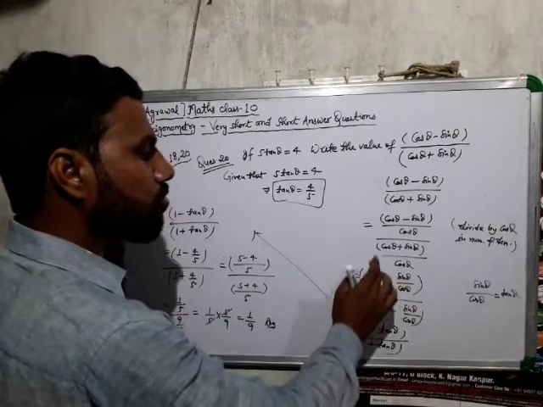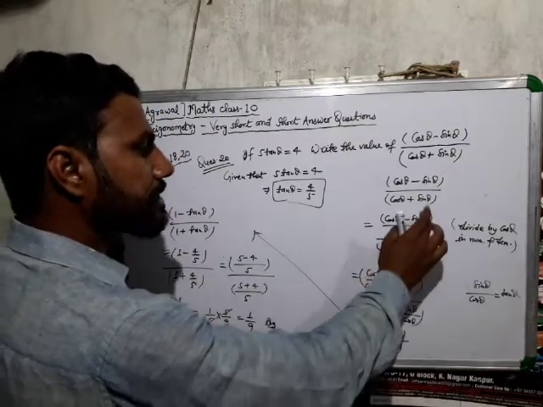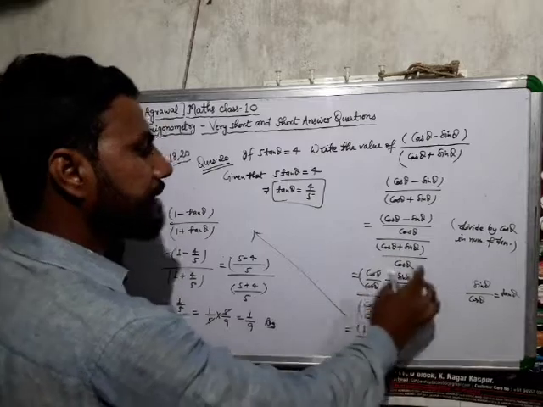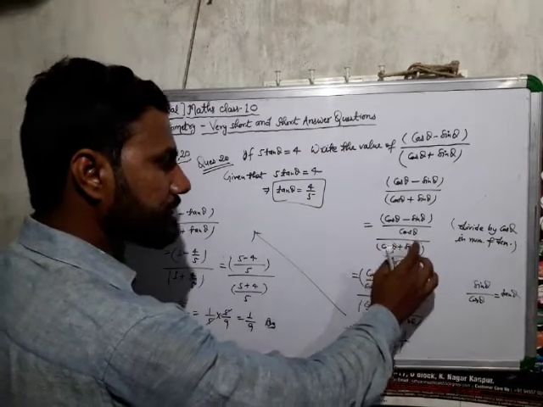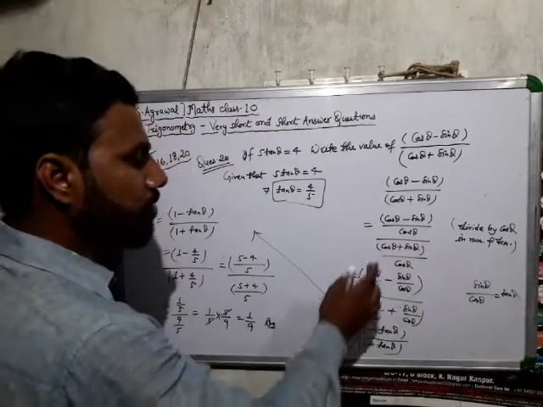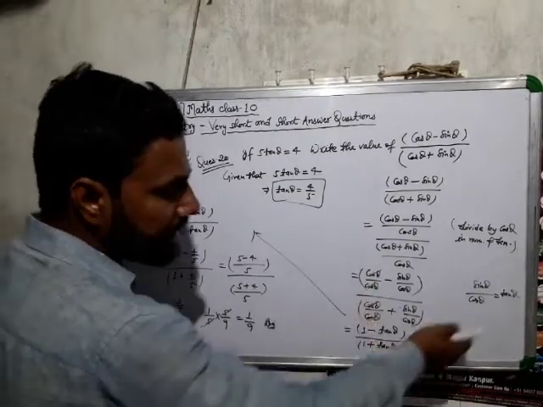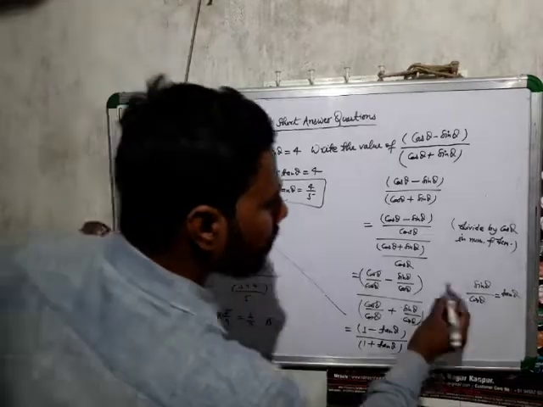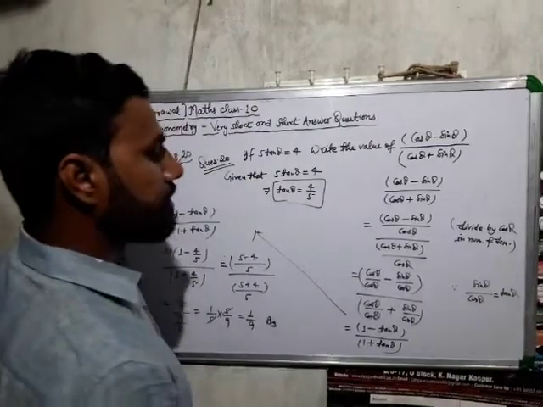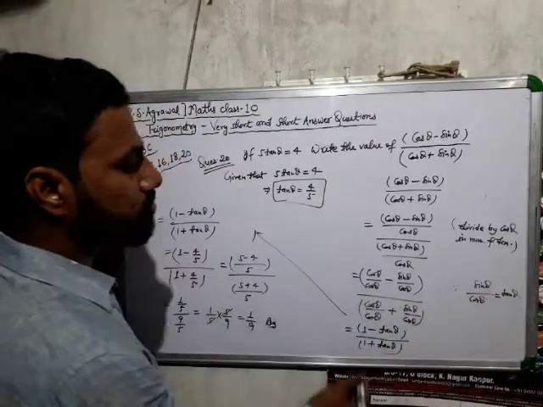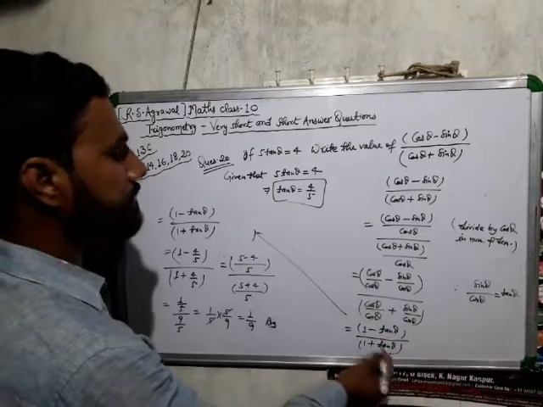Then it is equal to cos theta by cos theta minus sin theta by cos theta, divided by cos theta by cos theta plus sin theta by cos theta. The cos theta cancels, and we know that sin theta by cos theta is equal to tan theta. Then this is equal to 1 minus tan theta by 1 plus tan theta.